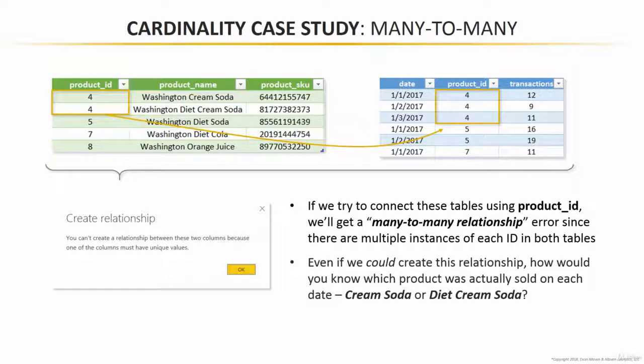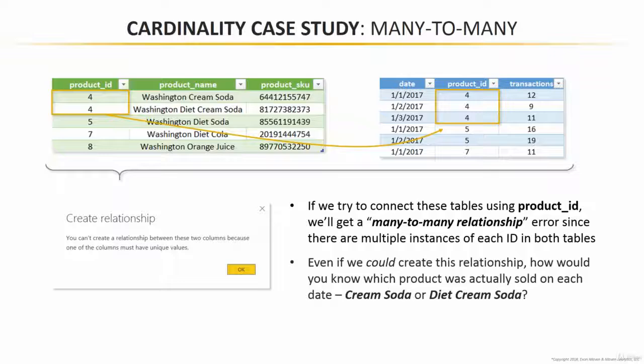But since ID number 4 is associated with multiple product names, how do we know how many of those sales or transactions were for Washington cream soda versus Washington diet cream soda, which for the record sounds like the worst beverage on the planet? That's not relevant here, but you get my point. There's no way to make sense of this data with the tables in this kind of form.